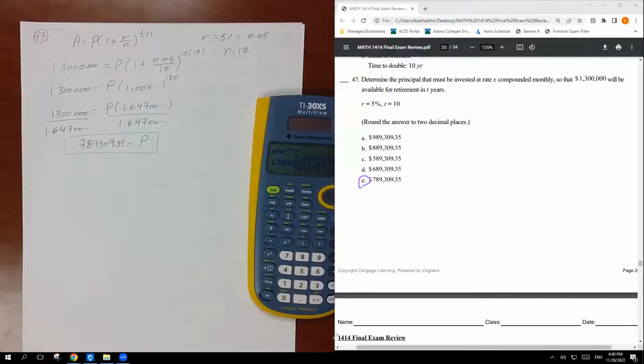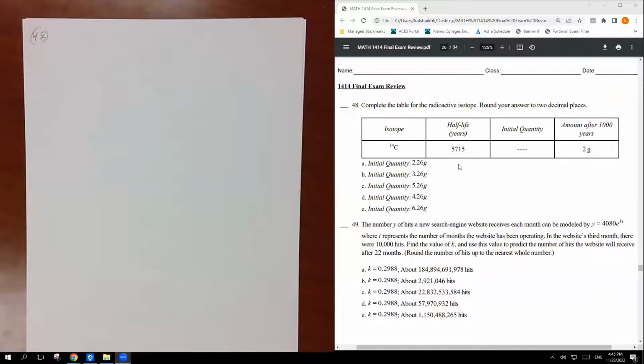That's it for 47. Now 48, we need to find the initial quantity, and we have half-life years. Be careful, half-life years, they're telling you this is the time. And the amount after 1,000 years, that means the time here is 1,000, it's 2 grams. So how are we going to find the initial quantity?